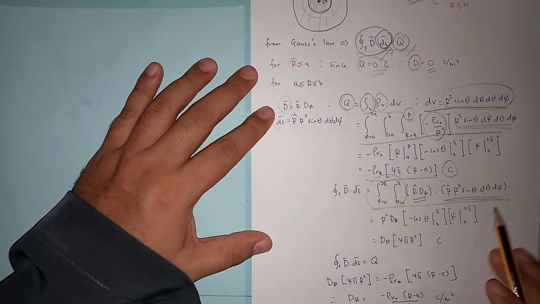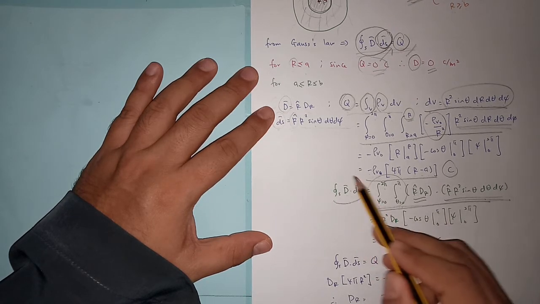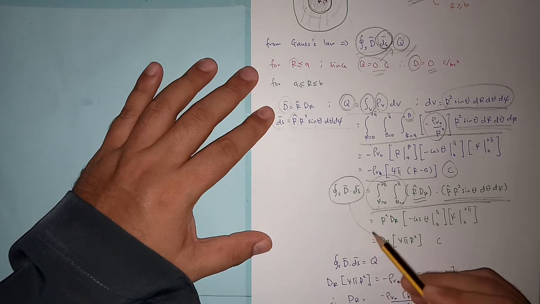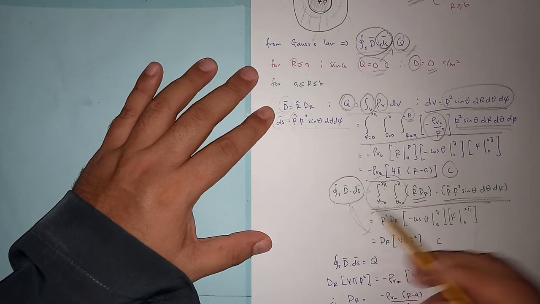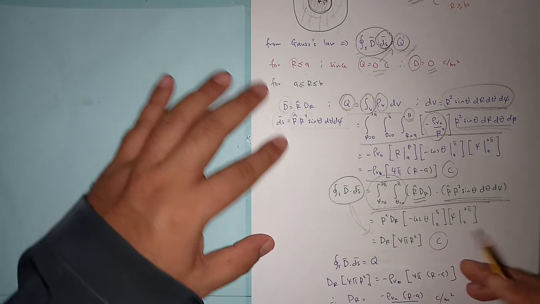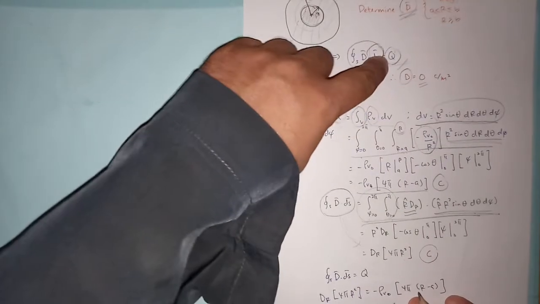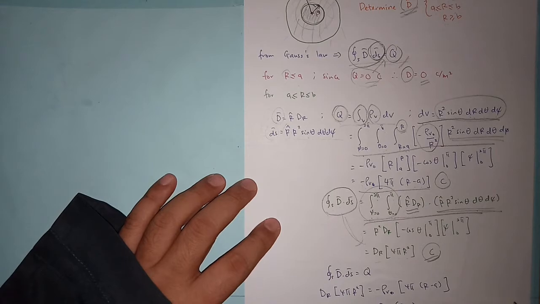By solving this expression, the solution for this operation will be Dr 4 pi r squared, and the unit for this is coulomb, because the solution for this expression is charge, and the unit for charge is coulomb.